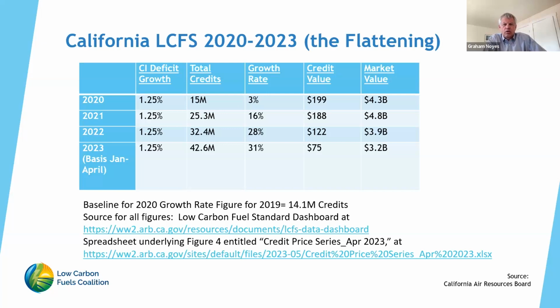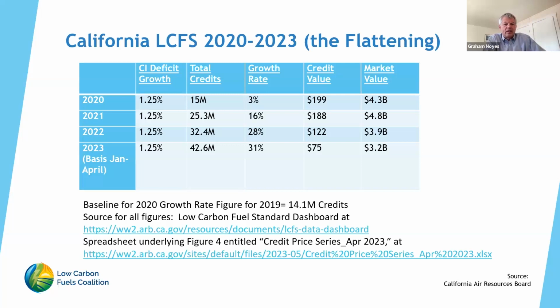But then we got into the period of COVID impact here, and we saw multiple factors coming. And this is all from the data dashboard that's out there and the underlying spreadsheets that exist within the Low Carbon Fuel Standard data dashboard. And we appreciate being able to access those figures and the granularity of those figures. But you see, in terms of total credits, those moving up from 2020 to 2023 with increasing growth rates.